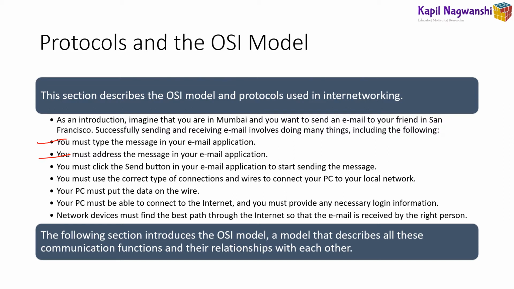You must use the correct type of connection and wires to connect your PC to your local network. Like if you are using Jio or some other network, you need to connect it. Without connecting to the internet, you won't be able to send your email. Your PC must put the data on the wire. Now the PC is sending data through your network interface card.